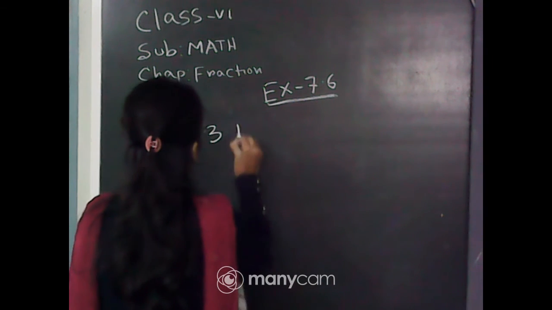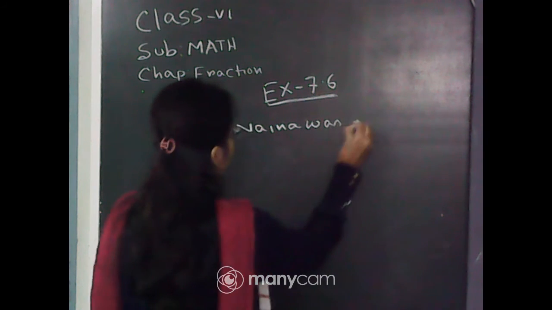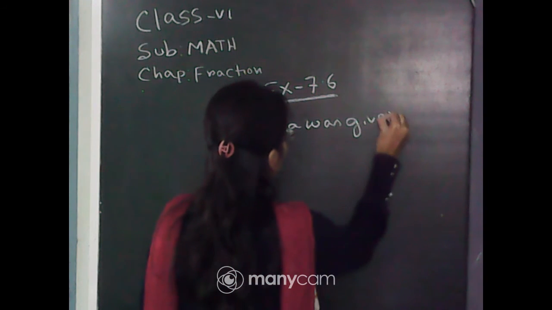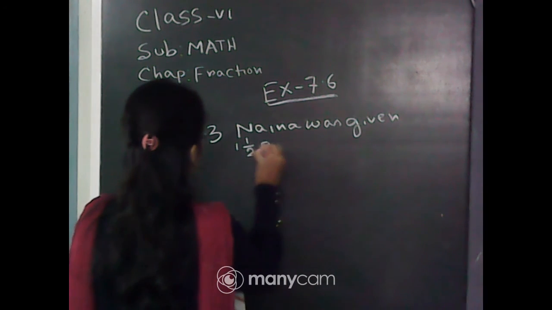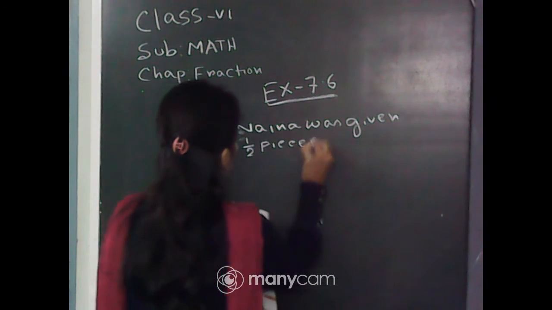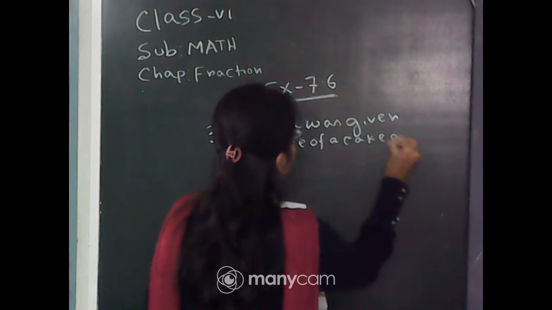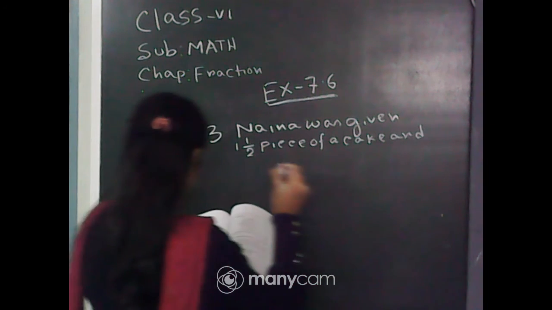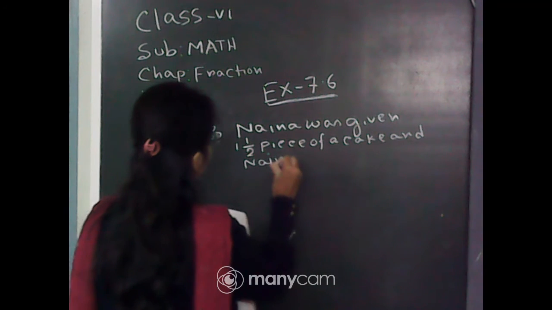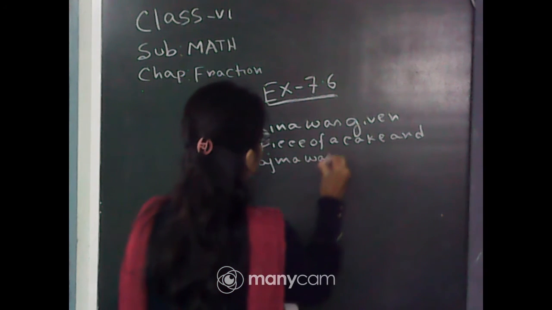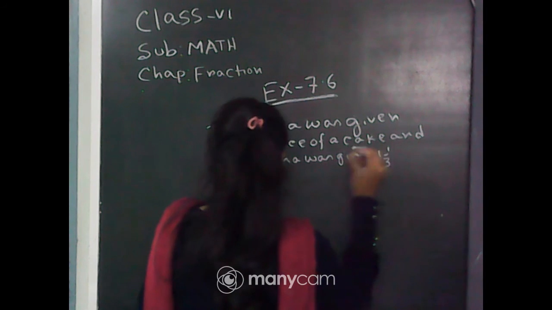Noina was given 1 whole half piece of a cake and Nazma was given 1 whole 1/3 piece of a cake.